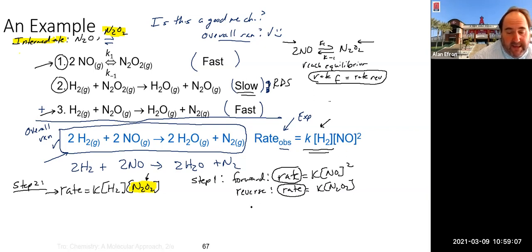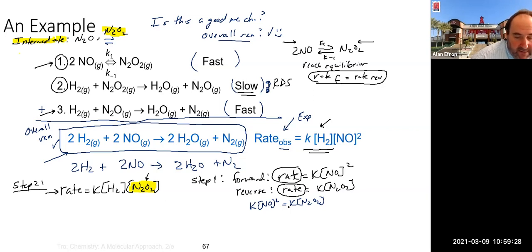So we could say that K times NO squared is equal to K times N2O2. And again, that is because these two rates should equal each other. That, hopefully you can see, is helping us because we really want to get to N2O2.